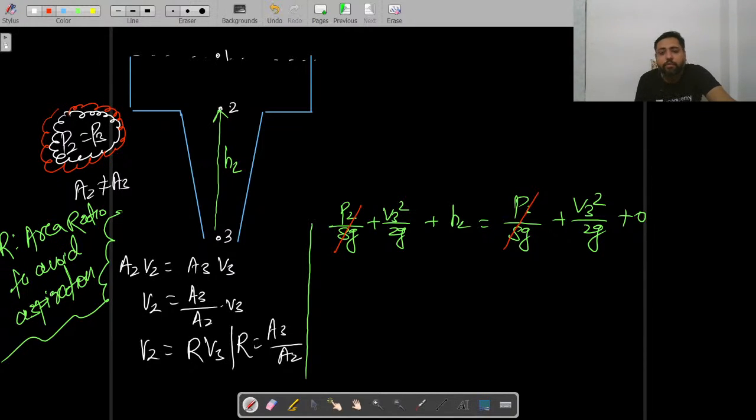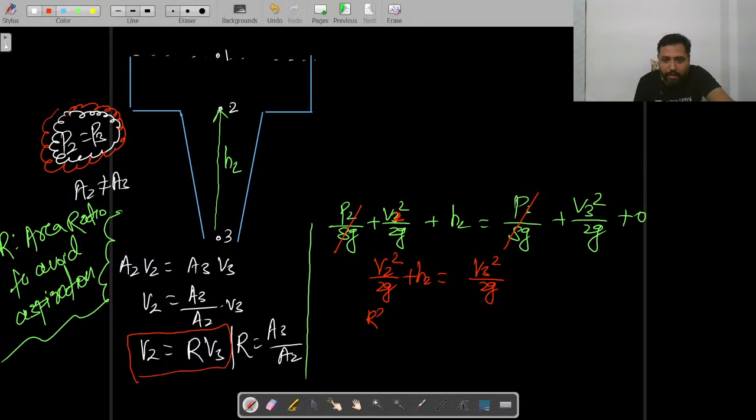sprue must remain uniform. Now V3 square upon 2g, sorry, here it is V2, I'm sorry dear students, here it is V2. Yes, so V2 square upon 2g plus H2 will become equal to V3 square upon 2g. What I am doing is, in place of V2, I am putting this RV3 over there, okay?